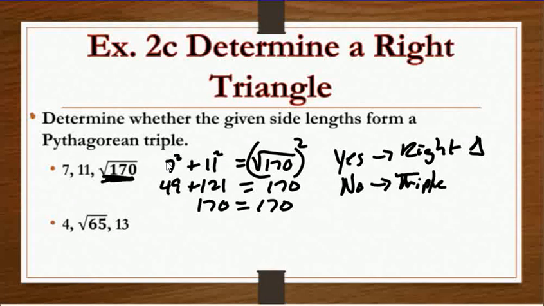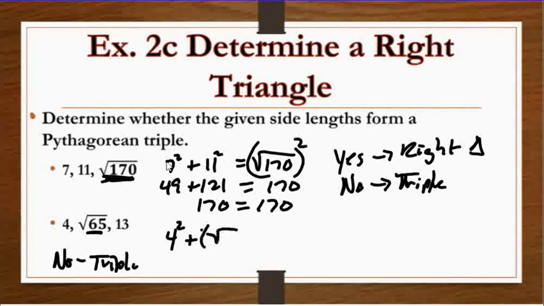And the last one, we already know that this is not a Pythagorean triple because of the square root of 65. Well, let's solve to see if it's a right triangle. So we have 4 squared plus square root of 65 squared has to equal 13 squared.